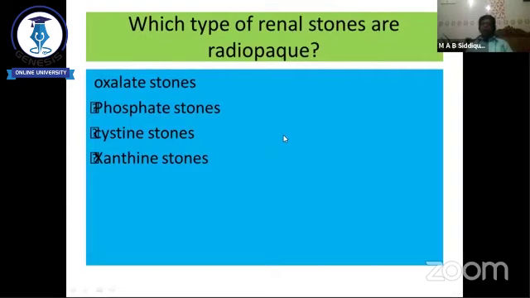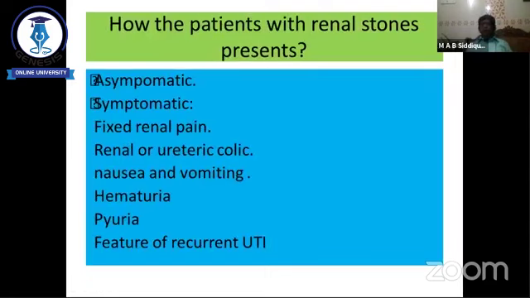So which types of stone are radiopaque? Actually, there are five types of renal stone. Four are radiopaque: oxalate, phosphate, cysteine and xanthine stone, and the uric acid stone is the radiolucent stone. The next question may be how the patient with renal stone presents.